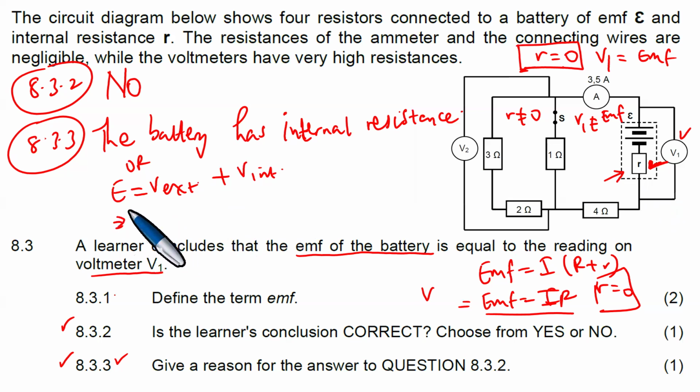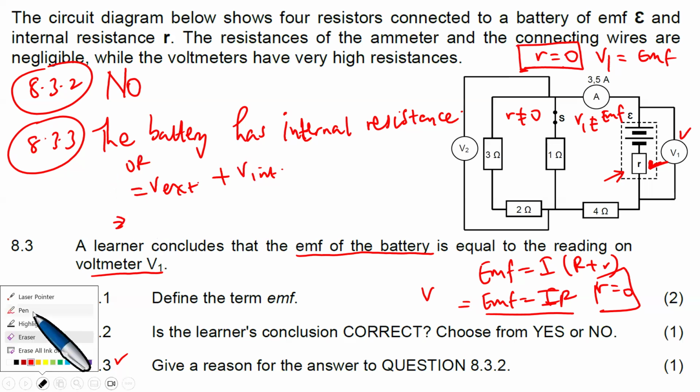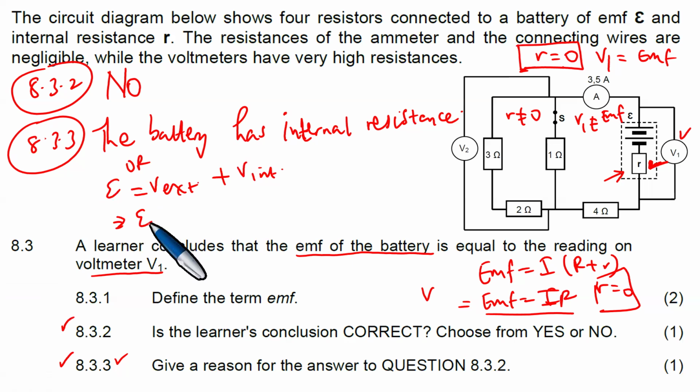This means the EMF is bigger than the V external because of the lost volts.